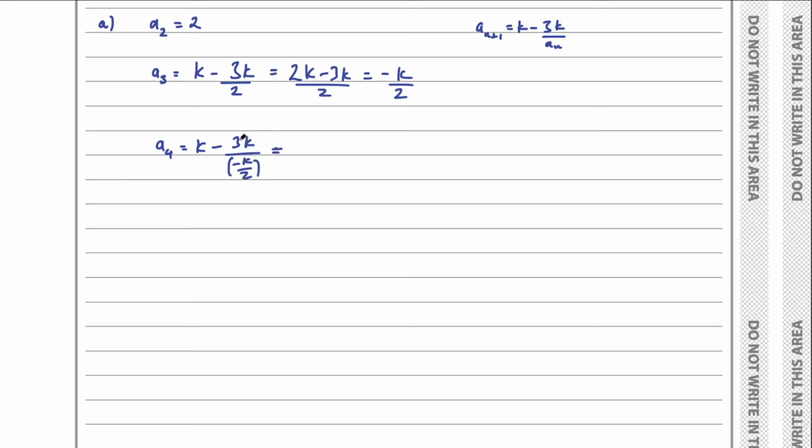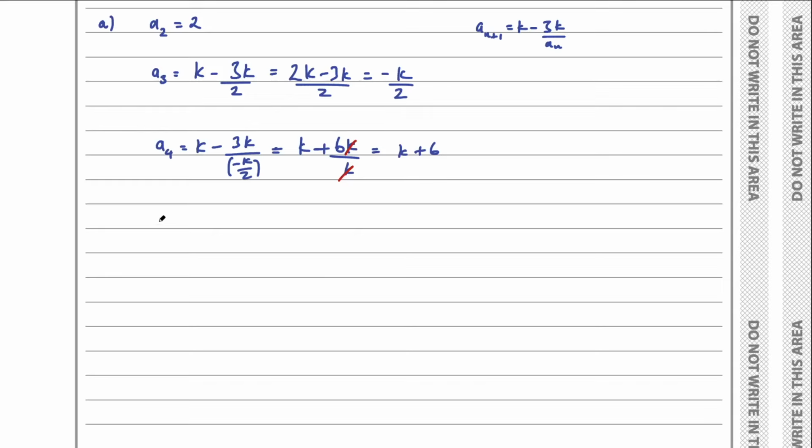So 2 times 3k, this would be k take 6k over negative k. So actually this would be positive 6k on k, because those 2 negatives would turn into a positive. And then looking at this term here, 6k on k, those k's would cancel out and we'd be left with k plus 6.